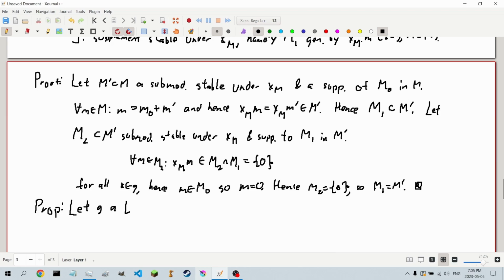Let G be a Lie algebra, not just a Lie algebra, a Lie K algebra, with an ideal H, and a representation rho of G on M with rho prime being the restriction of rho to H.